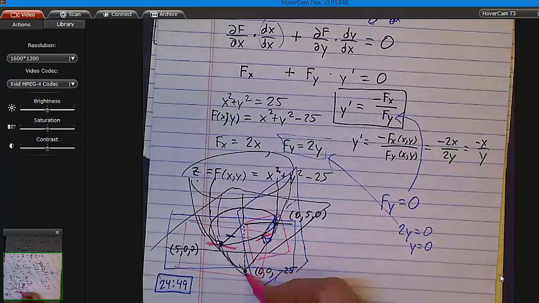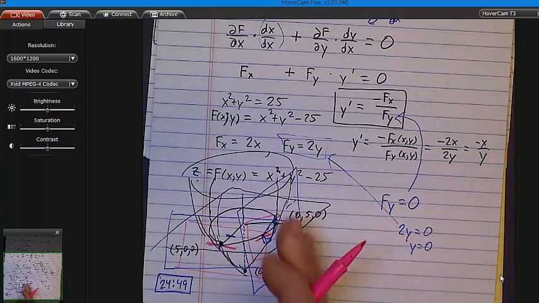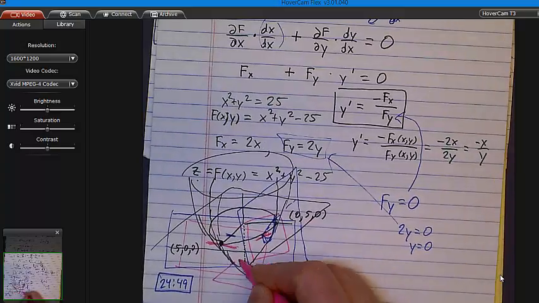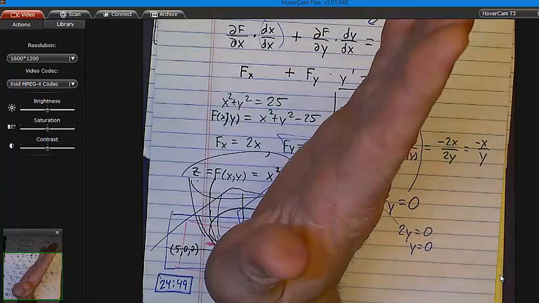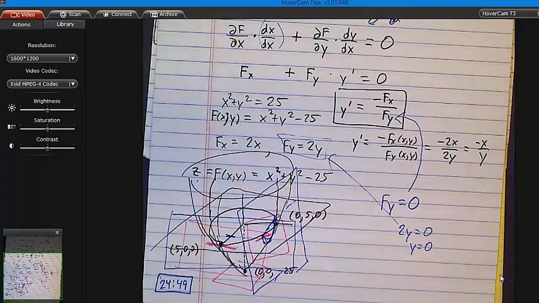By the way, the plane, if it were at the bottom, it would be parallel to the xy plane, right? If it were over on the side, it's hard for me to show you, but do you see it would always be slanted upward as I rotate around the paraboloid? It would have a bend to it.